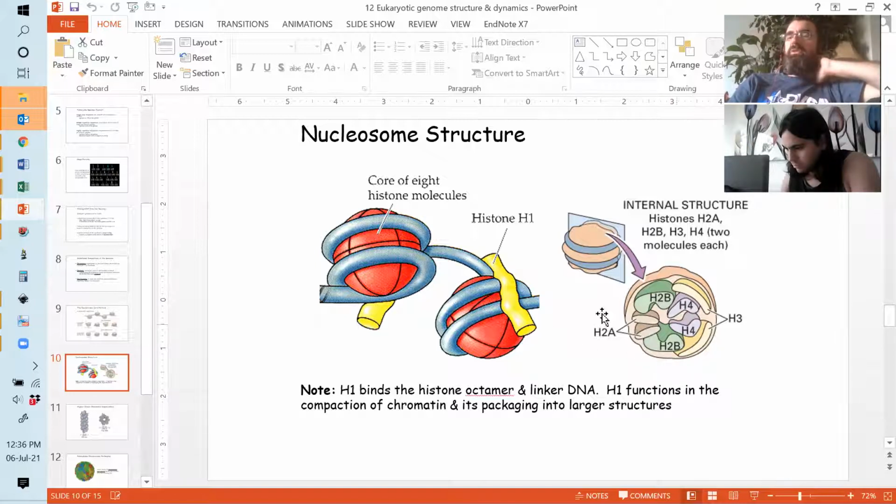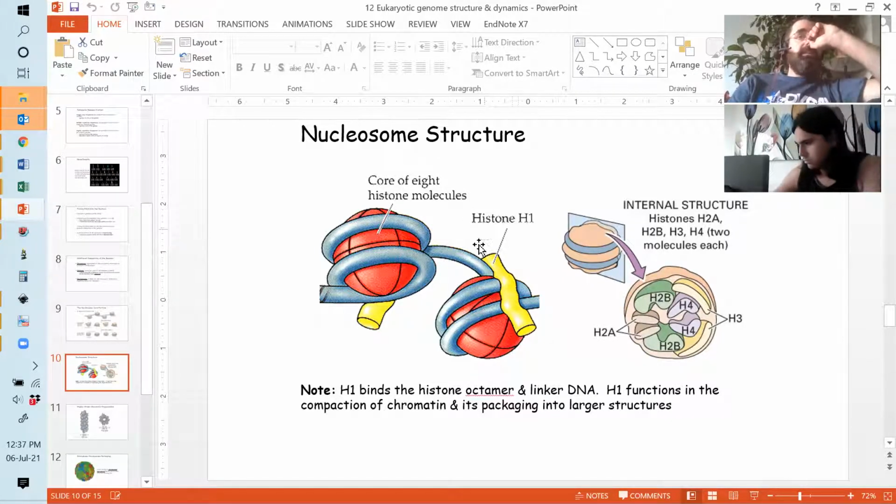And then between each core particle, we have about 50 base pairs, give or take, which is often called linker DNA because it links the 2 core particles together. And our histone H1 protein binds to both that and the core particle.